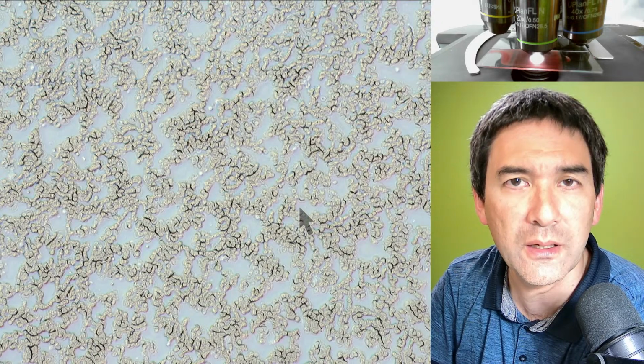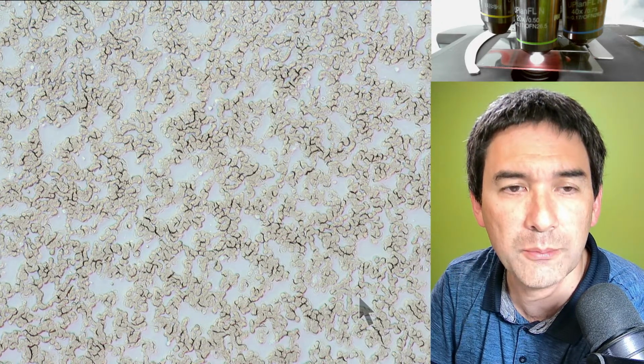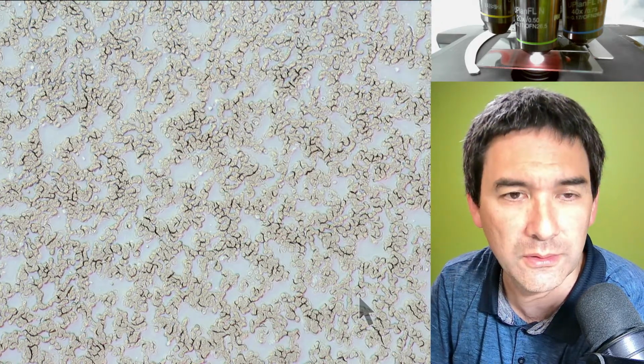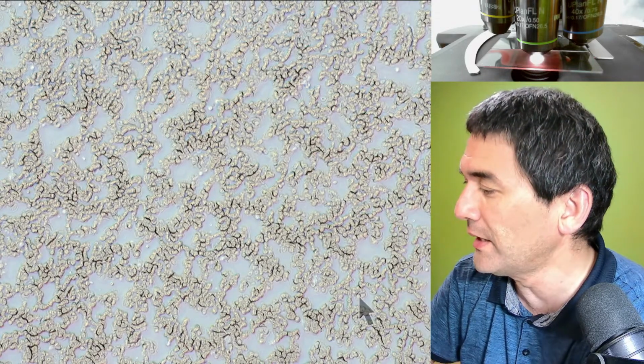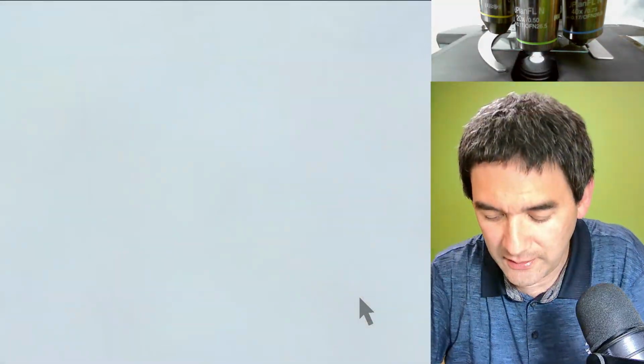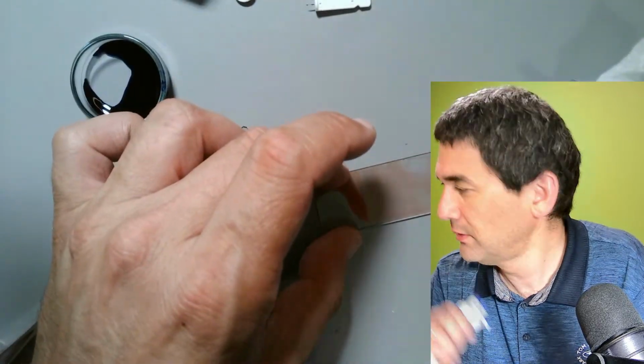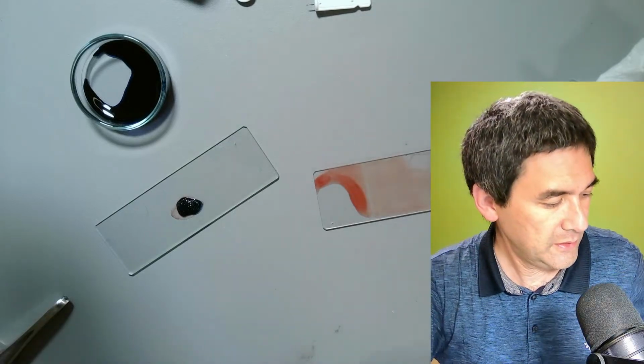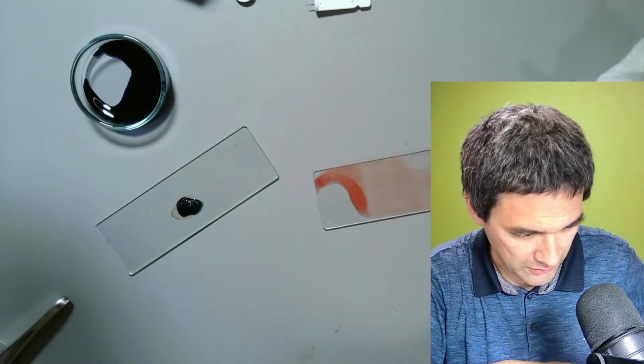Before, I mixed the methylene blue with the blood liquid. Now the blood is dry, and I would like to see how the staining works when I add the methylene blue directly on here. Oh, I bumped it again, and a small amount of methylene blue.